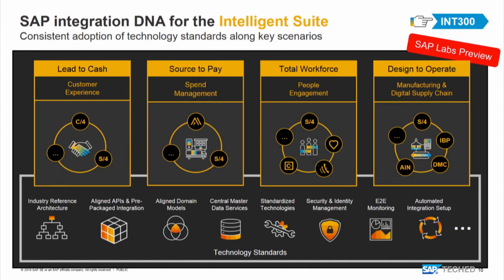Across all of these end-to-end scenarios, we will bring the respective applications together and make them a series of complete scenarios that you can then implement together for the best business value.